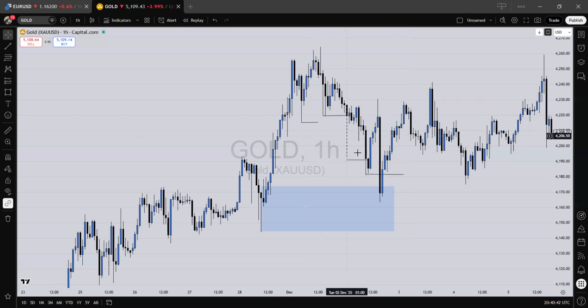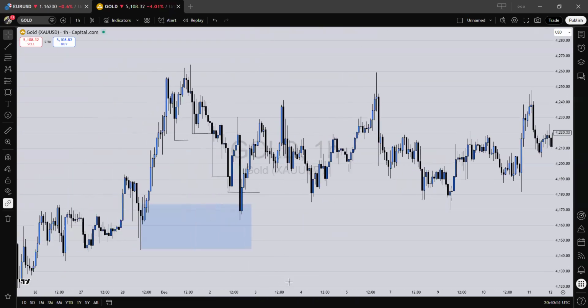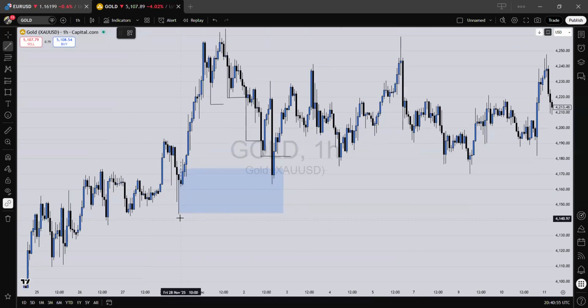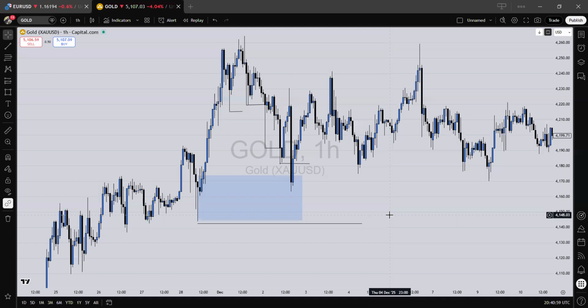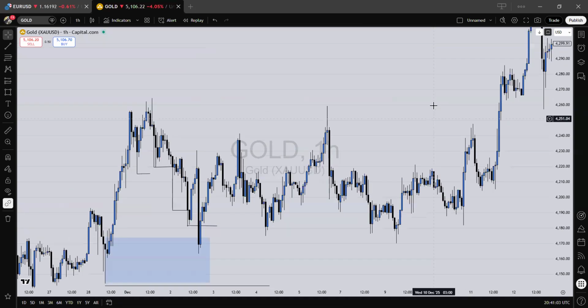You can see the breaks, all right, before price got to the POI. And then the rest is history. I had my trade all through this consolidation, keeping my invalidation here, all right? And price still managed to move to profits.